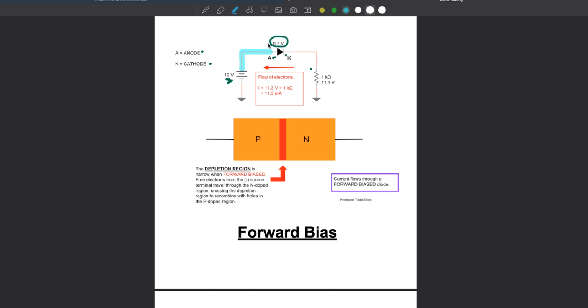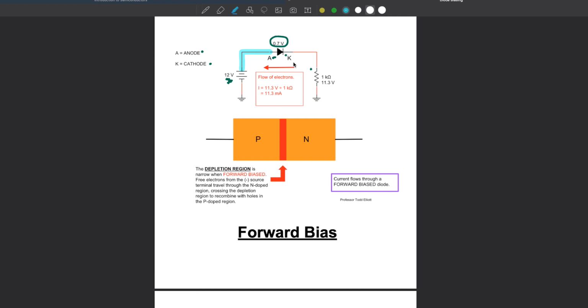Now normally throughout the course I use conventional flow. Here I've shown you electron flow because that's the way it really is. Don't really care how you think of it. Electron flow is how it is. Conventional flow is the way it's been traditionally taught at Mohawk College. So I normally haven't deviated from that.